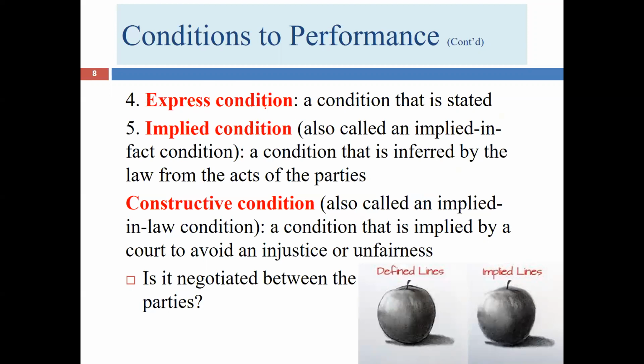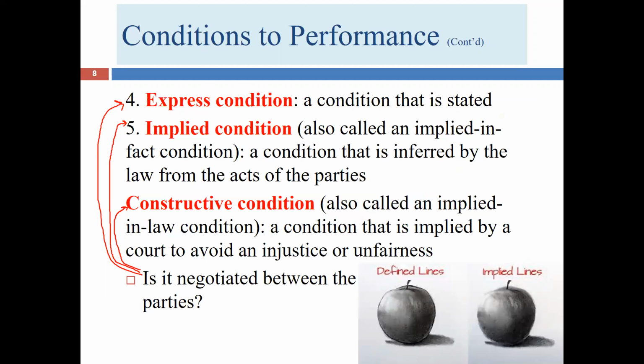As you can see, these two are in some sense negotiated between the parties. This one's obviously negotiated because they actually are saying the words. This other one isn't directly negotiated, but everybody understands what the deal is with this one. This one, though, isn't negotiated. The court is going to apply this condition under the circumstances. It's going to say, you know what?